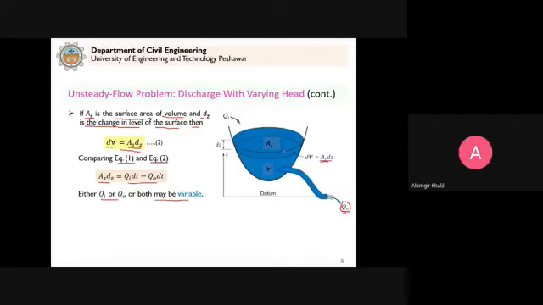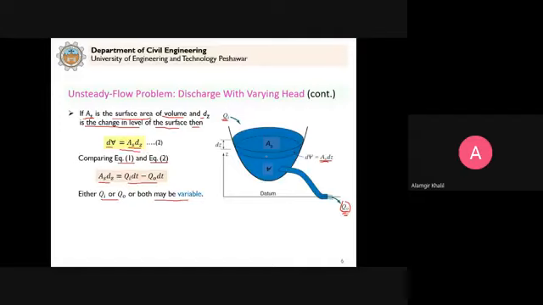Just like you might have studied in the geotechnical engineering lab, where we keep the head constant to calculate hydraulic conductivity. You have to supply a constant water supply so the head is maintained, and the outflow is also constant because the head is the same.